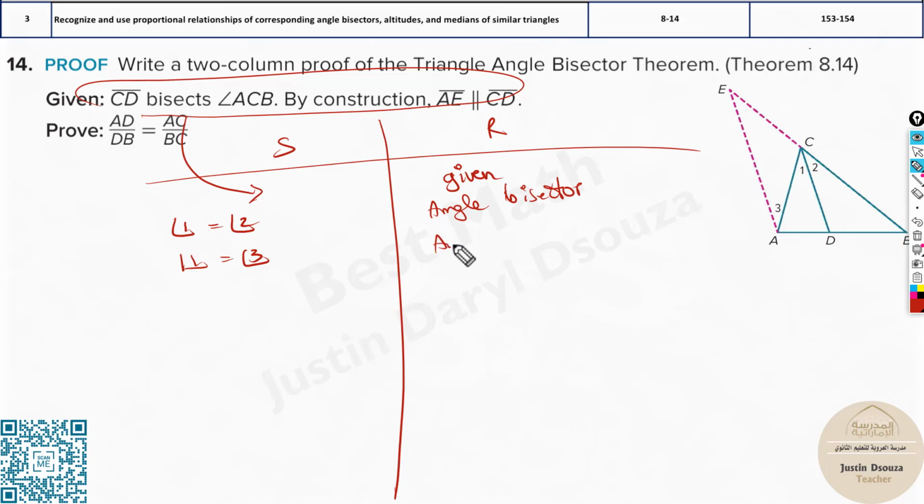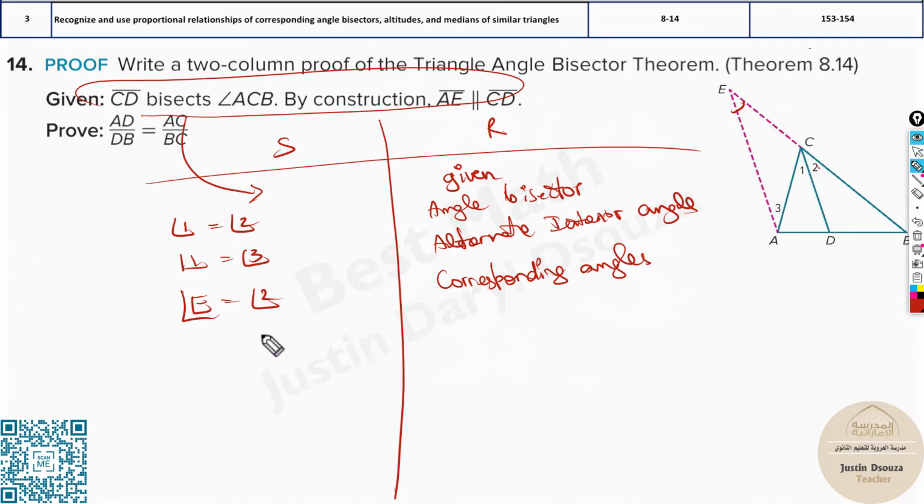From alternate interior angles. Now what next? Here 2 and this angle E, okay? Angle E is equal to angle 2 because of corresponding angles. When there are parallel lines, corresponding angles occur.